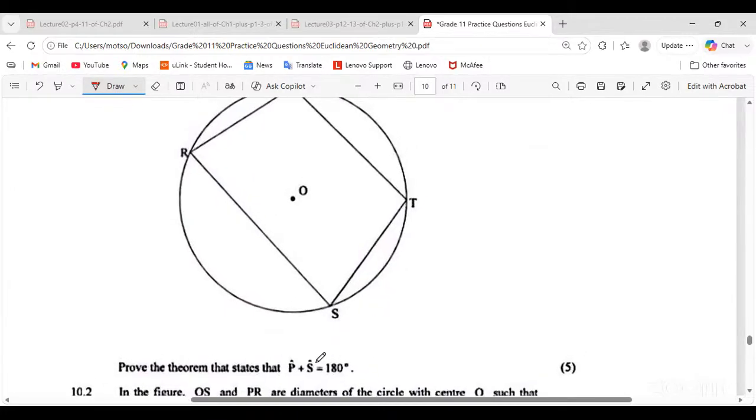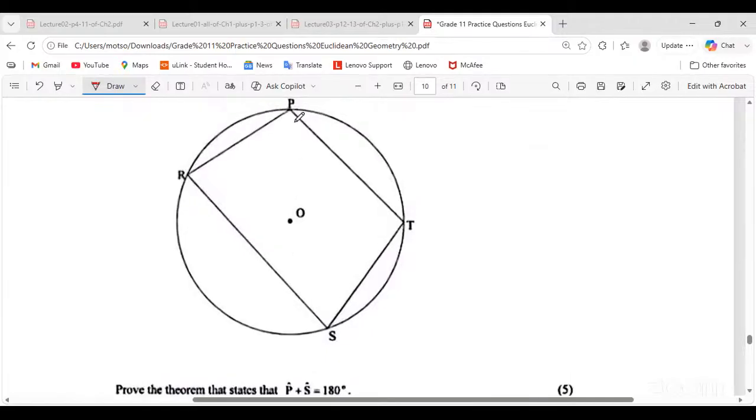So now, we have to prove that P and S are supplementary. Now, we will join these points, right? Because we are going to prove these ones, we are going to join these ones. Now, you label your O. We want to have O1 and O2, right?